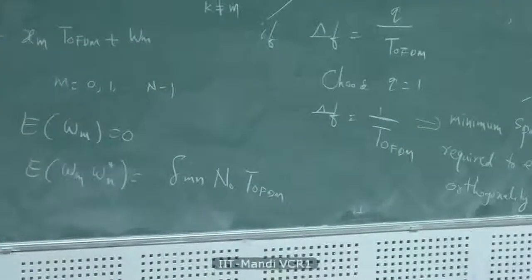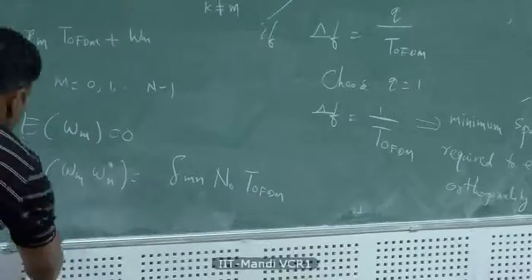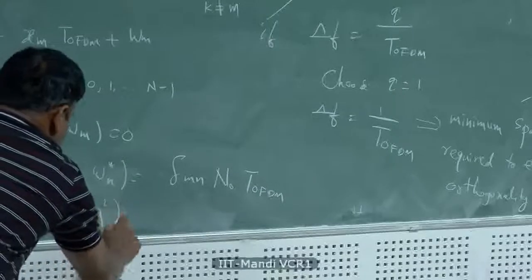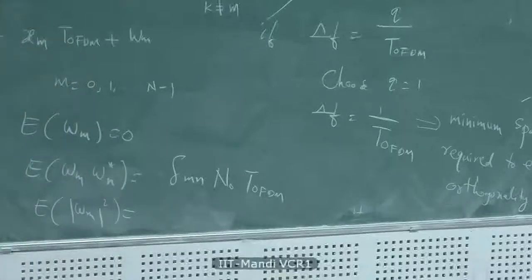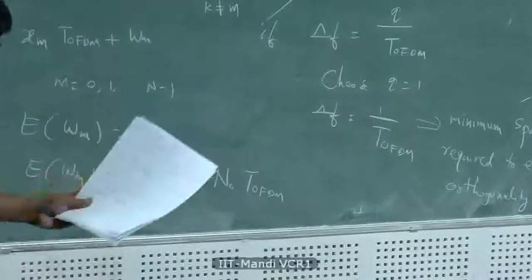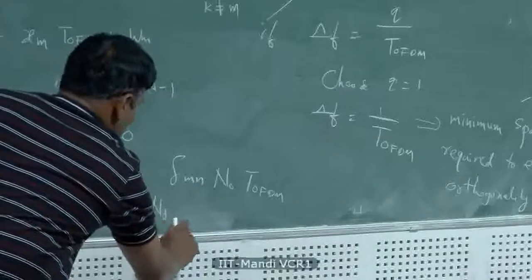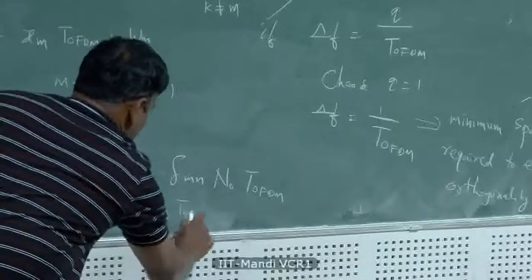So what does it mean? For m equal to n, we have the expected value of |W[m]| squared, which is the variance of this new noise, and that would be equal to N_0 times T_OFDM.